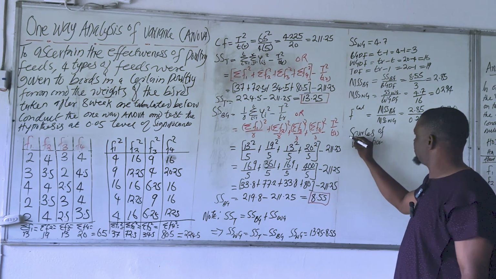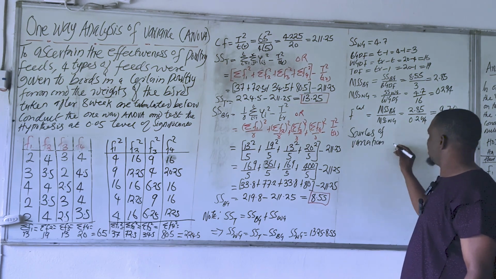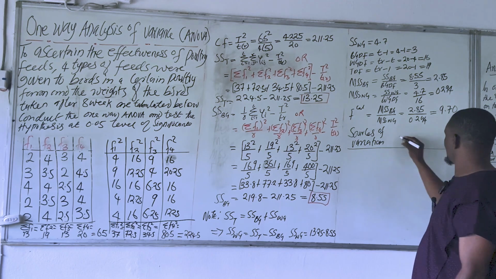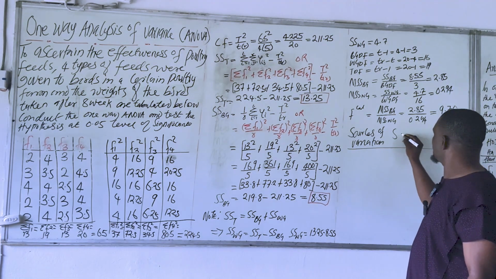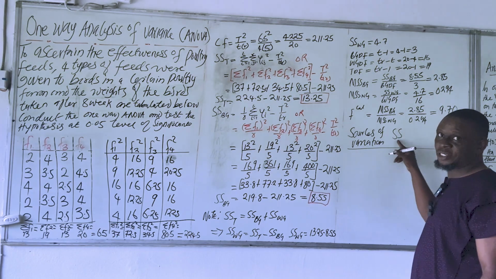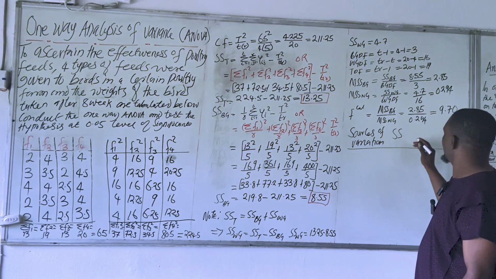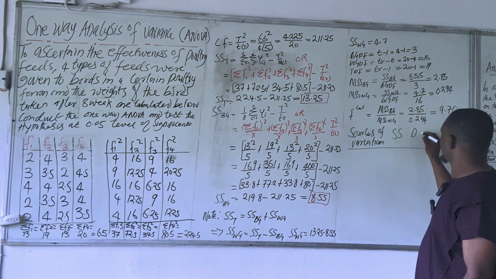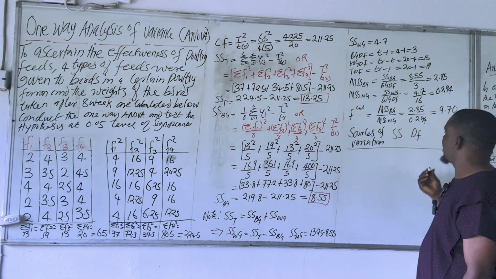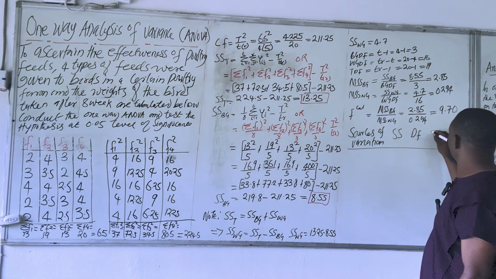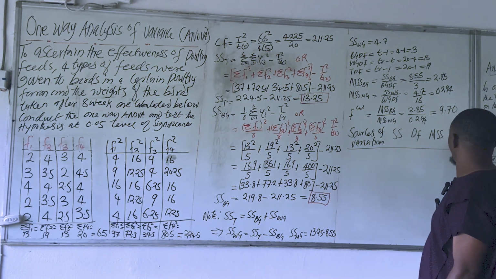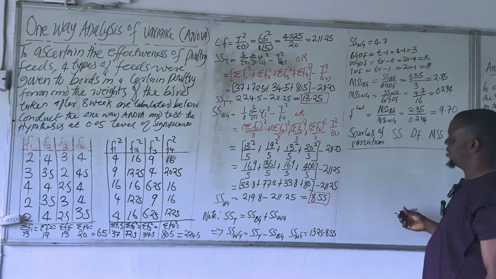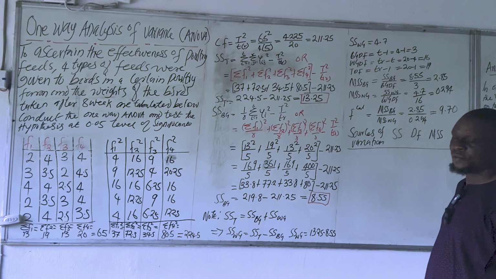After the sources of variation, we'll have our sum of square, SS. And then, after the sum of square, our degree of freedom. After the degree of freedom, we also have a column for our mean sum of square, and then our F cal.